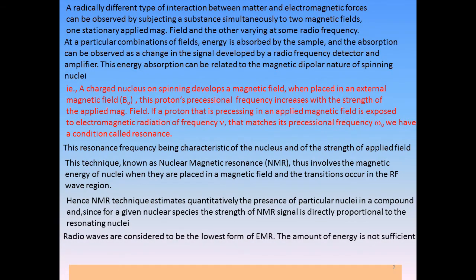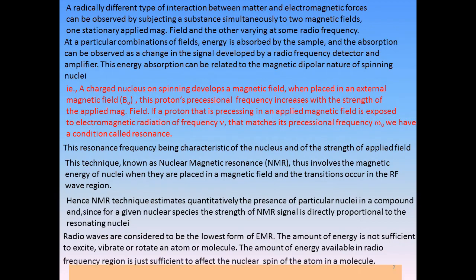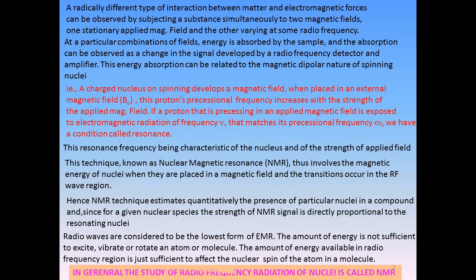Radio waves are considered to be the lowest form of electromagnetic radiation, and this amount of energy is not sufficient to cause excitation, vibration or rotation of an atom or a molecule. Thus the energy in the radio frequency region is just sufficient to affect the nuclear spin of the atom in a molecule. Hence, NMR study is in general the study of the radio frequency radiation absorbed by nuclei.